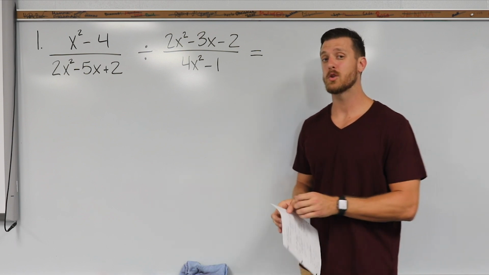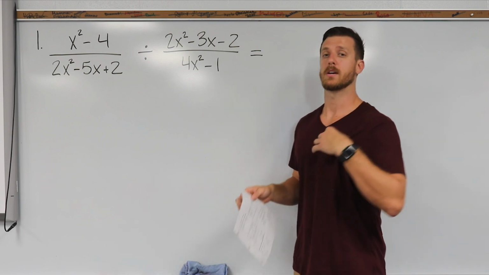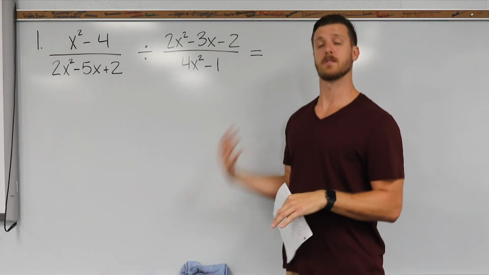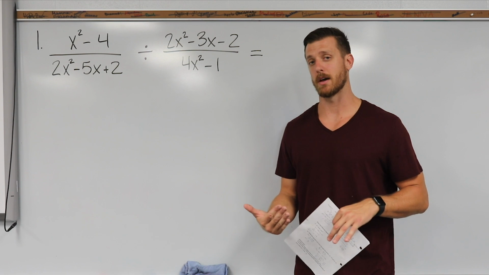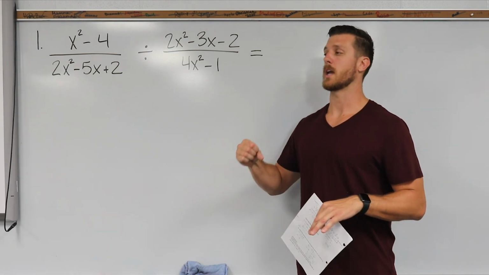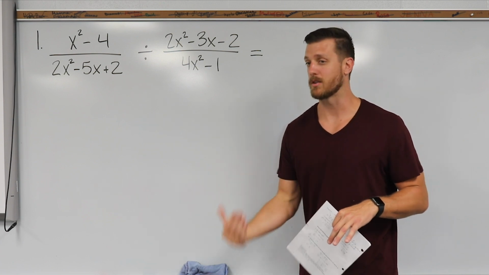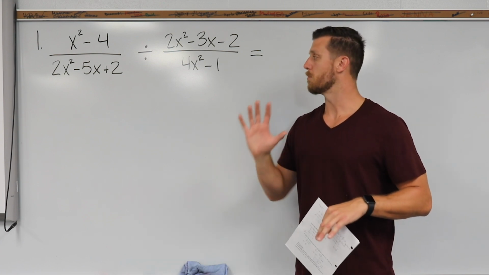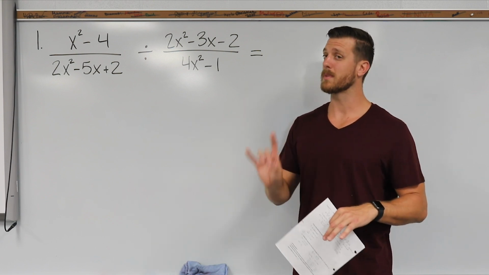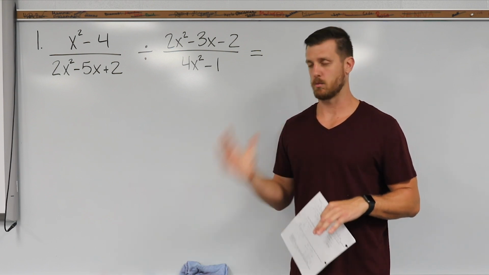I'm not going to get into too much detail right now because y'all know the box method. I'm going to say, hey, when you do the box method, this is what you get. If you have any questions about that, you're more than welcome to message me on Remind. You can talk to me at the beginning or during class or after school. But for the sake of time, I'm going to do this. If there is one problem that I think I should do as a box, we'll get to that one.